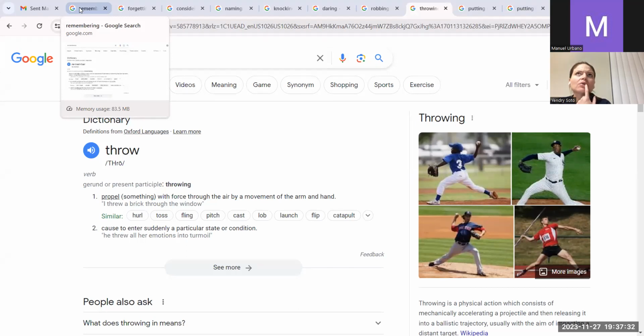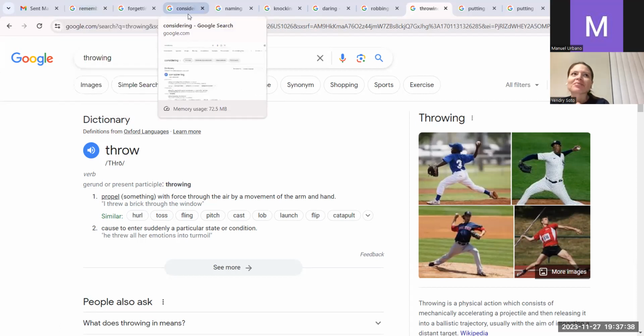Today I saw the bird throw. The screen, the screen throw.